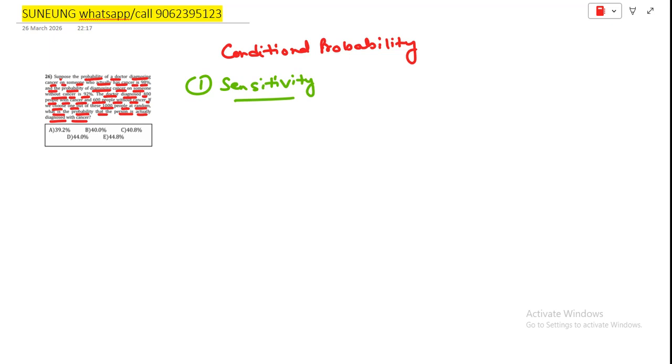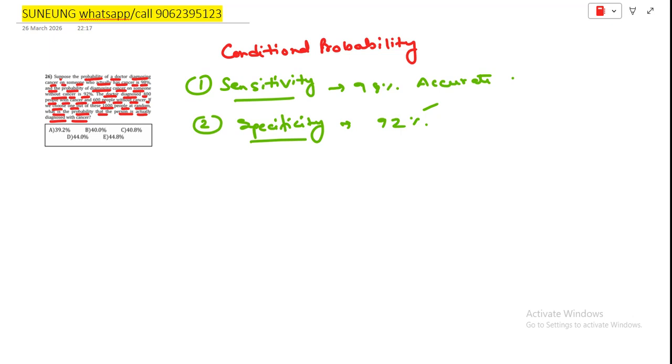The doctor is 98% accurate when someone has it. That's great. Now, second is the specificity. What's this? The doctor has a 92% chance of diagnosing someone without cancer.